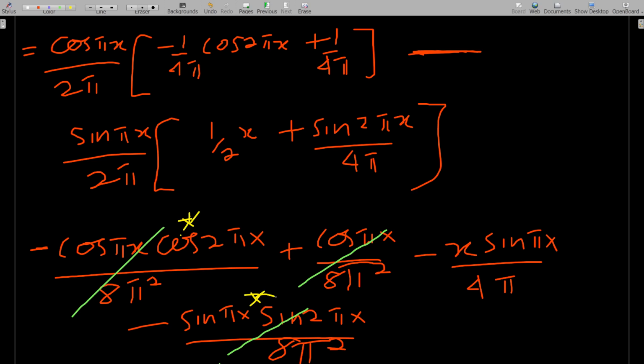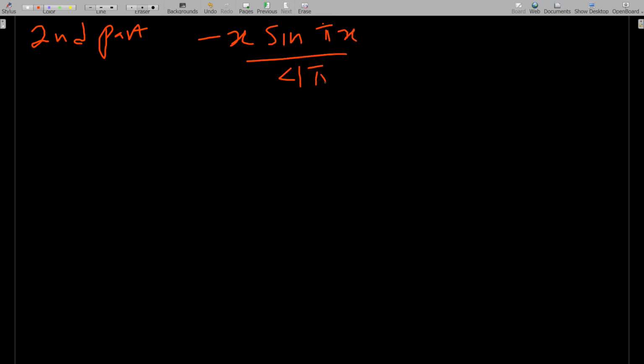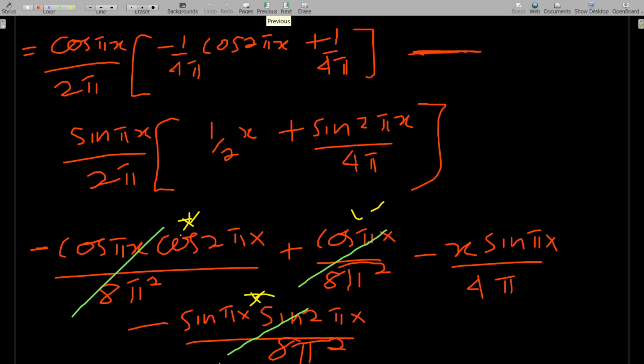Using the double angle formula, I just did that. And when you add it up to this, you get 0. So it means that the final answer for the second part is minus x sine pi x over 4 pi. Yes, because it will be left with only this part.